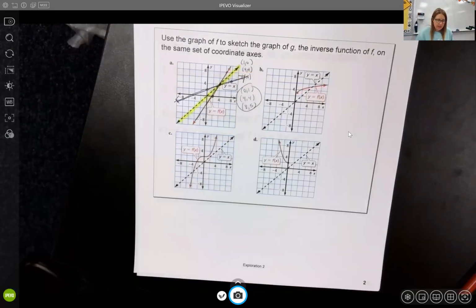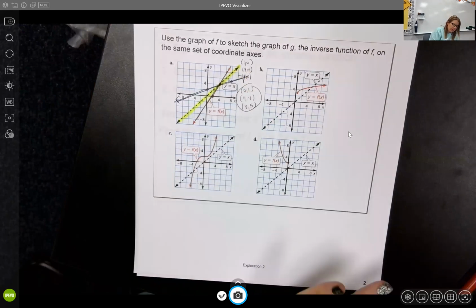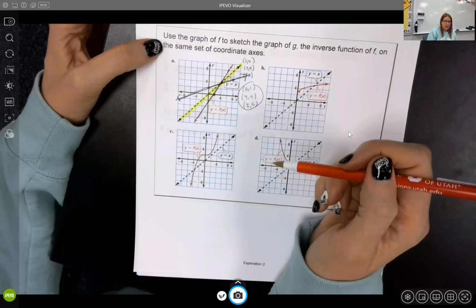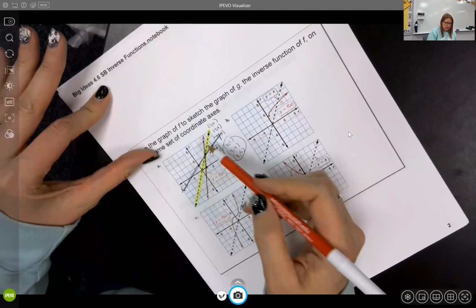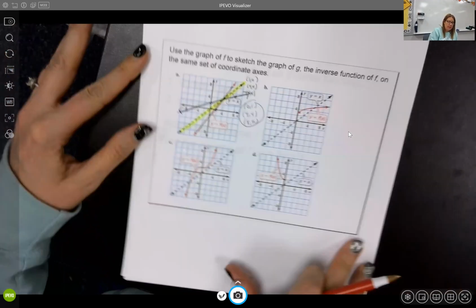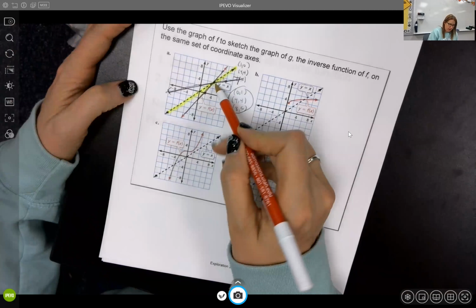And my graph is going to reflect across that line. So it's going to be the same distance on either side of that line, so that if I turn it this way and I look at it as a reflection, then it looks like that. Okay. If there's a point on the line, then they would share that point in common.